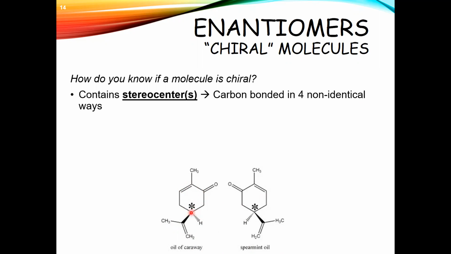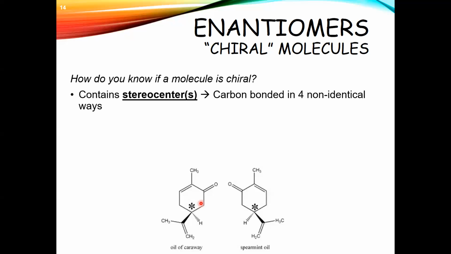Okay, if the third and fourth bonds are both taking us around the ring, how can we say this is a stereocenter? Well, because if I take the right path around the ring, I'm going to run into this double bonded oxygen first. But if I take the left path, I'll run into stuff that looks different. I'll run into this double bonded carbon system. And yes, I will run into all the same features if I walk long enough, but I'll run into the features in a different order.